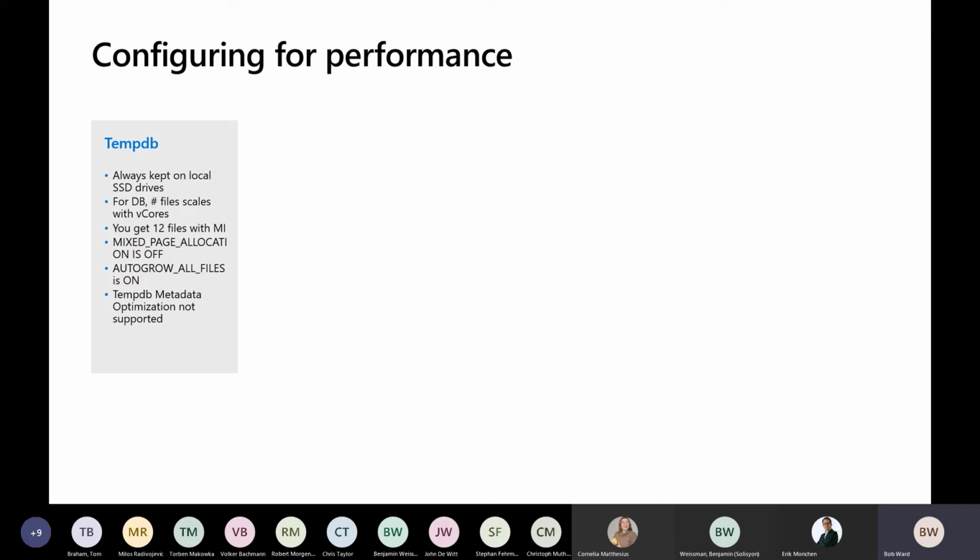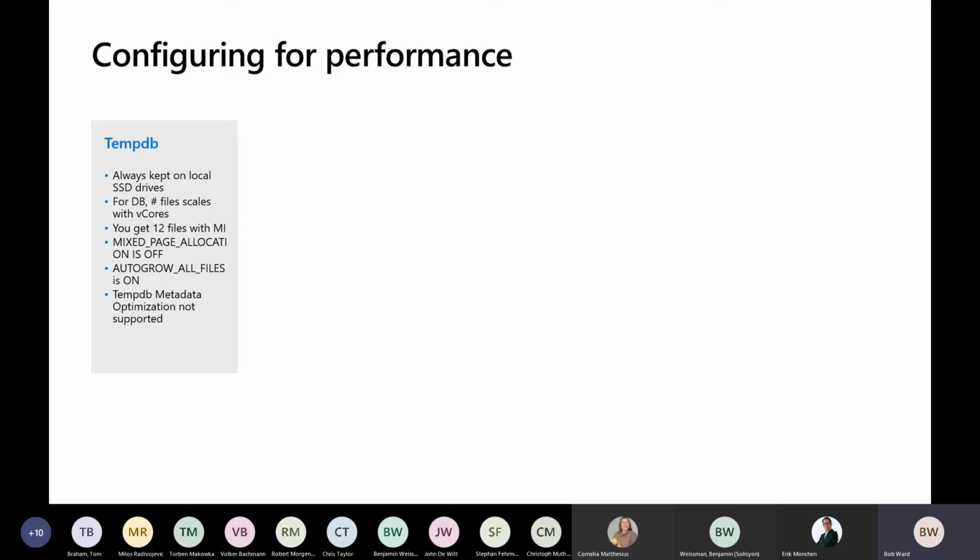But you may be concerned about how many files you need. Well, you do not get to choose these files, either in MI or in database. But notice in Azure Database, we will scale the number of files as you pick something called vCores. As you say, hey, I want 8 vCores, we'll give you X number of files to match that or exceed that. And then these options you pick that you're used to using with trace flags before, those things are the defaults as you see in SQL 19 today.